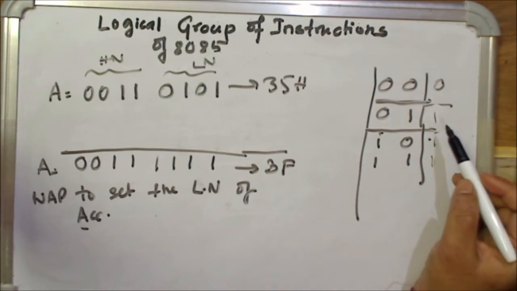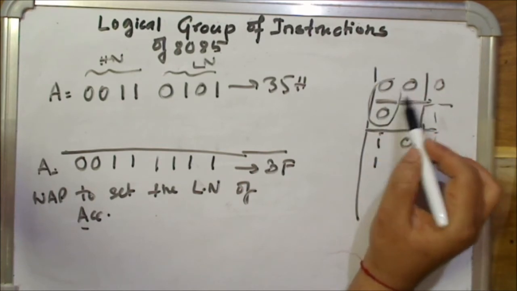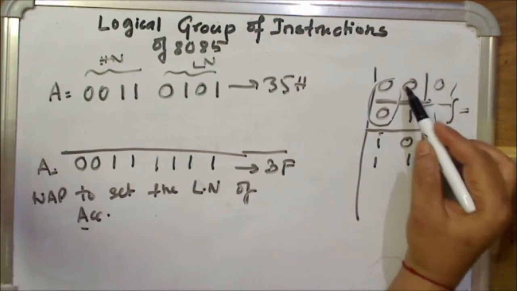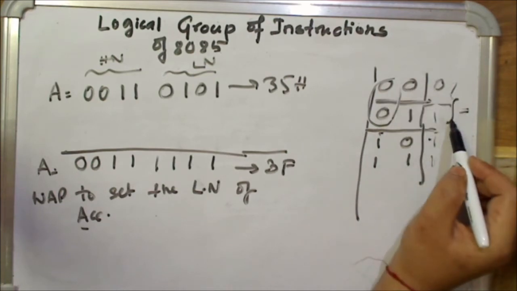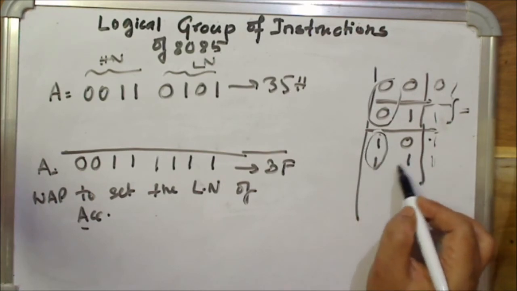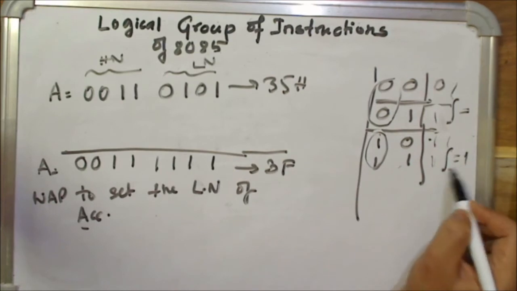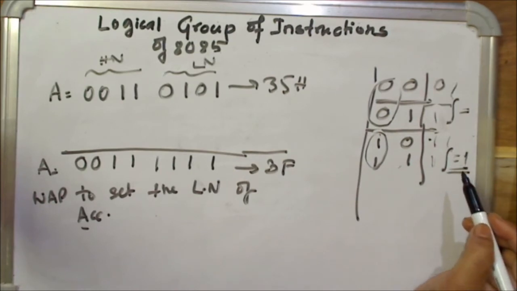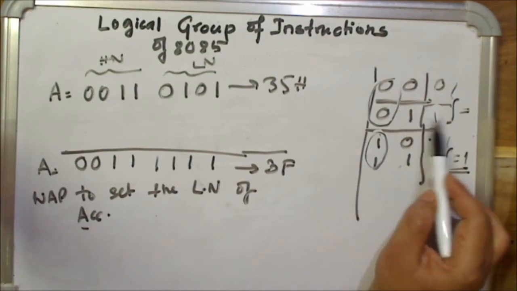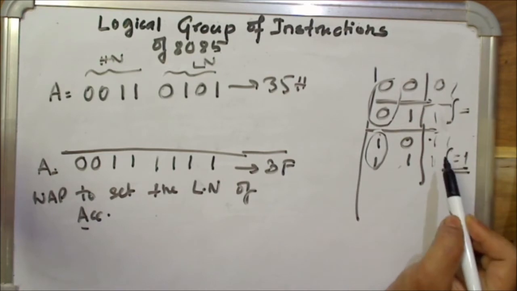Now you see, any number if you OR with 0, the answer remains as it is. And any number if you OR with 1, the answer becomes 1.